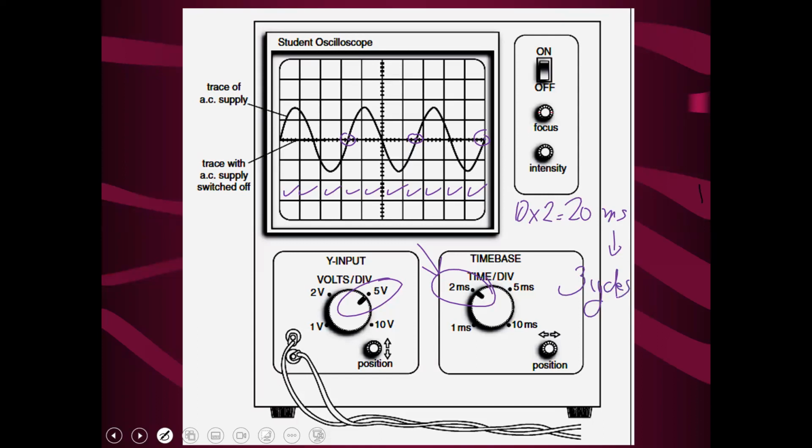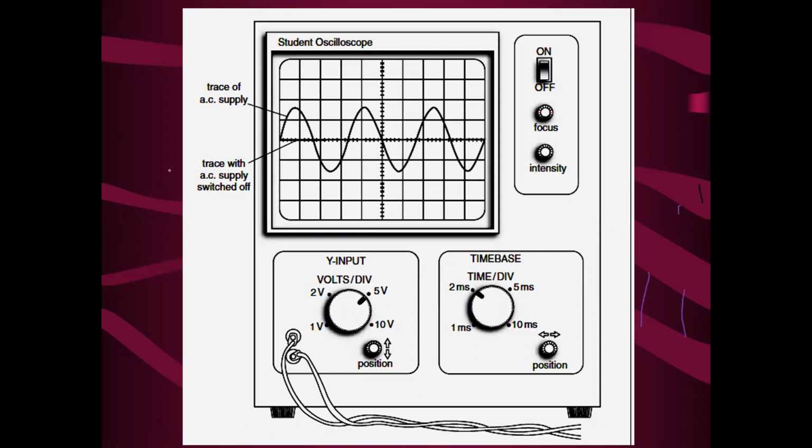So when you know the time of 3 cycles, you can definitely convert it into time for 1 cycle. Similarly, once you count the vertical boxes, you can get the V naught, but you have to be careful that this time there are some very small numbers. There are some small divisions also.